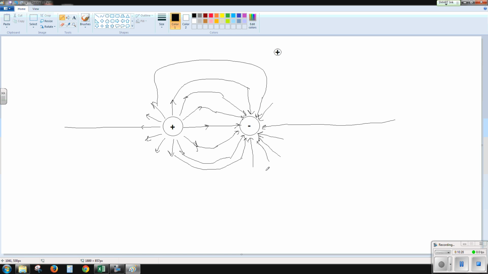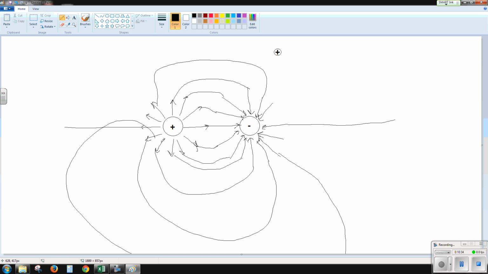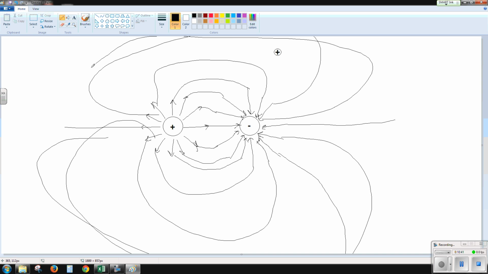And we can get stronger, weaker. Well, I think you get the idea. Again, there are online simulations that do this much better than I do. These go out to infinity in this little environment.